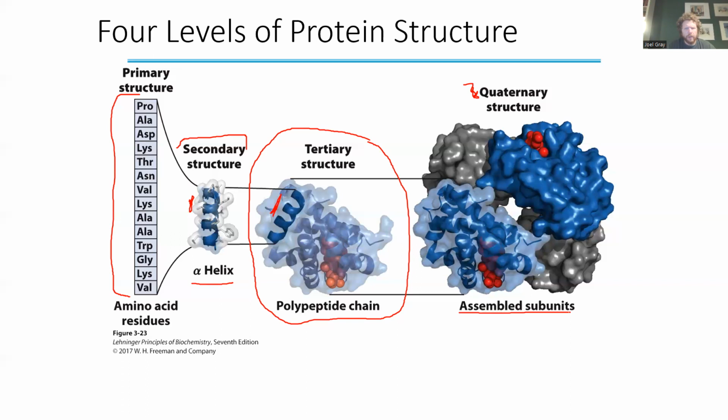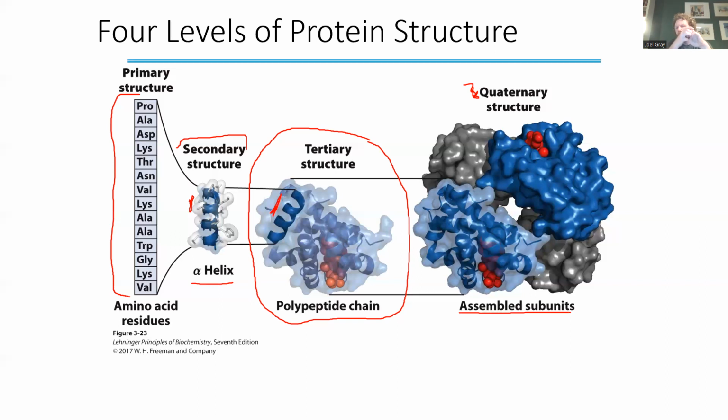What's kind of complicated about the quaternary structure is a very good question: what types of interactions, bonds, are going to stabilize a quaternary structure? Well, I previously said that the quaternary structure is made up of individual tertiary structures. You have R groups on one polypeptide and another polypeptide that will interact with one another.